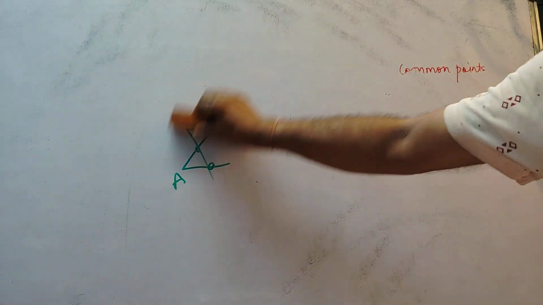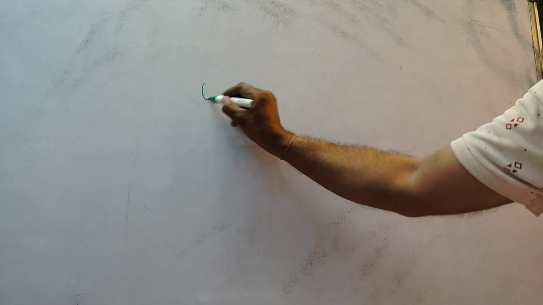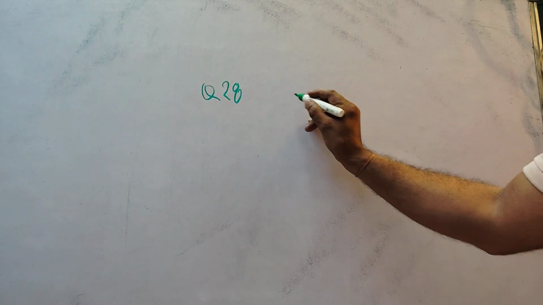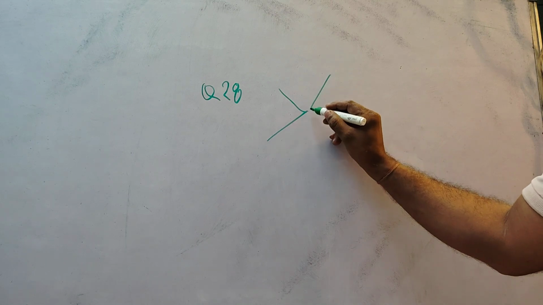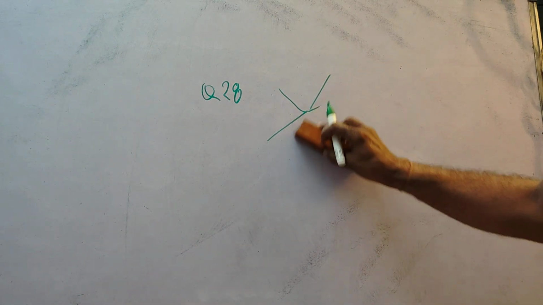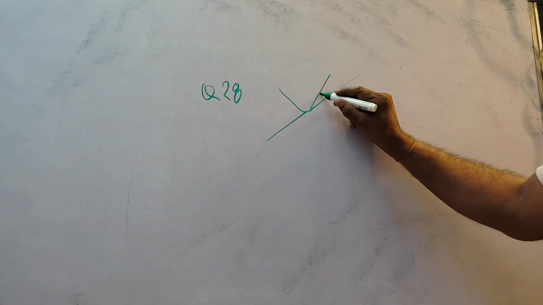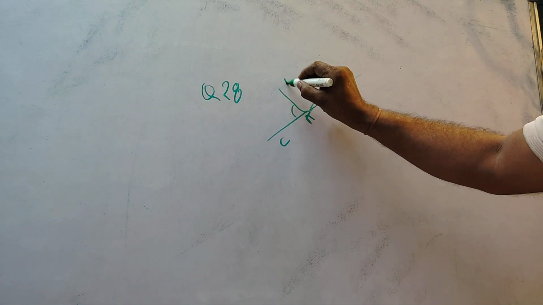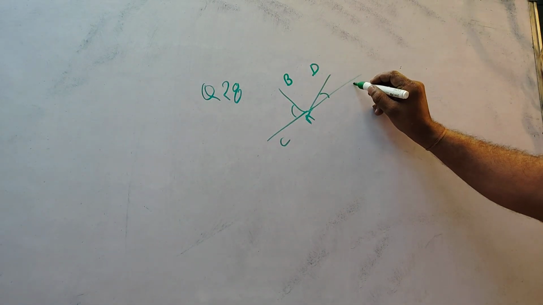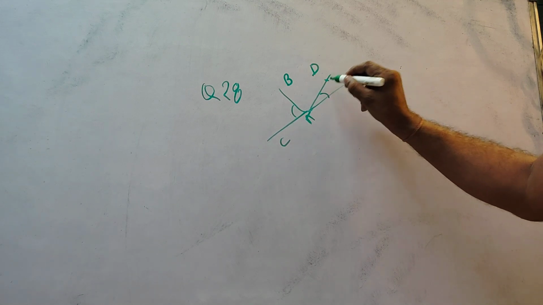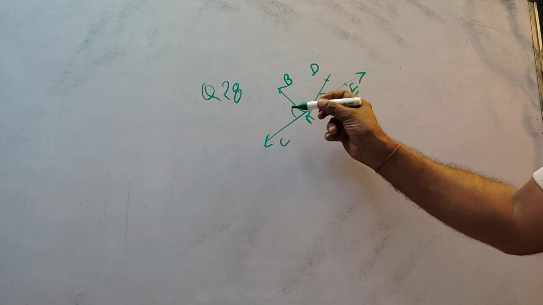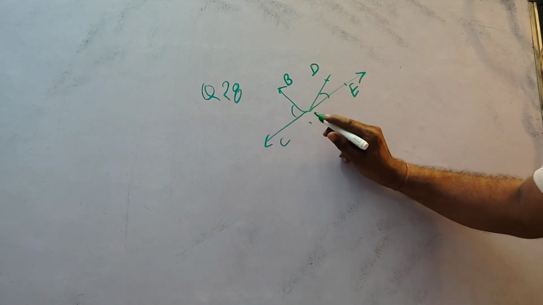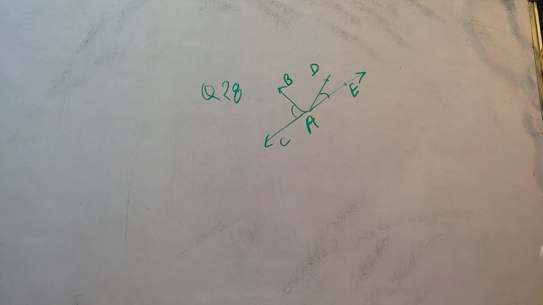In the previous one, question 28, there is also a question asking common points. Two angles are given in this one. How many common points are there between the two angles? Both angles are starting from A, so they have one common point.